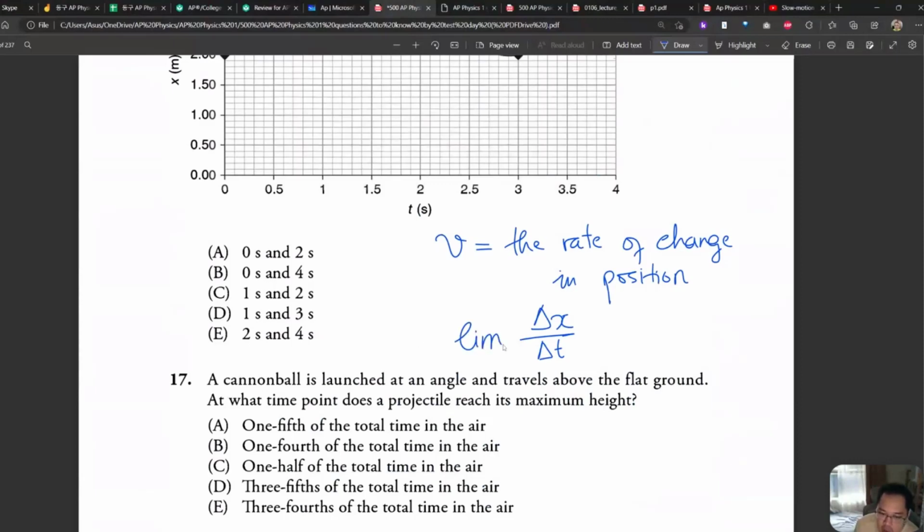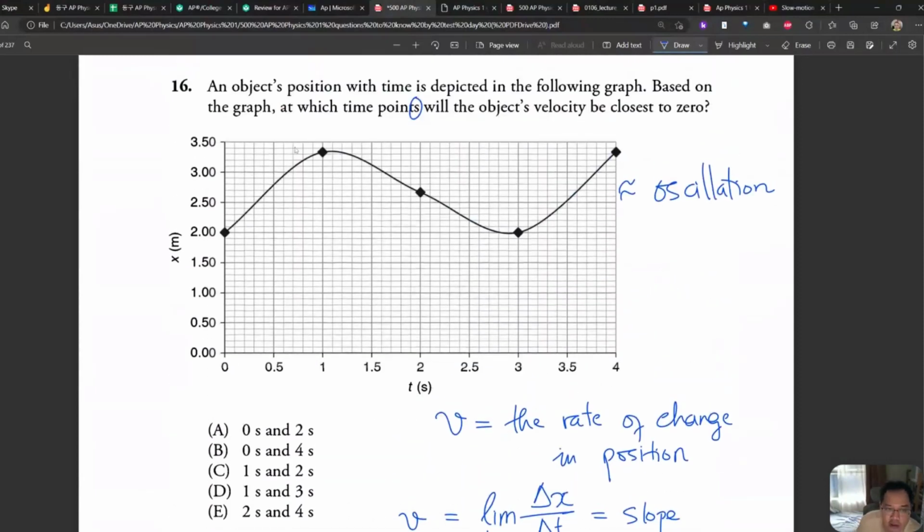Have you learned the limit in math? Yes. So the limit of this ratio when the denominator approaches 0 is the instantaneous speed, which is the tangent, the slope of this graph. Therefore at the peak and at the bottom, the velocity is 0.